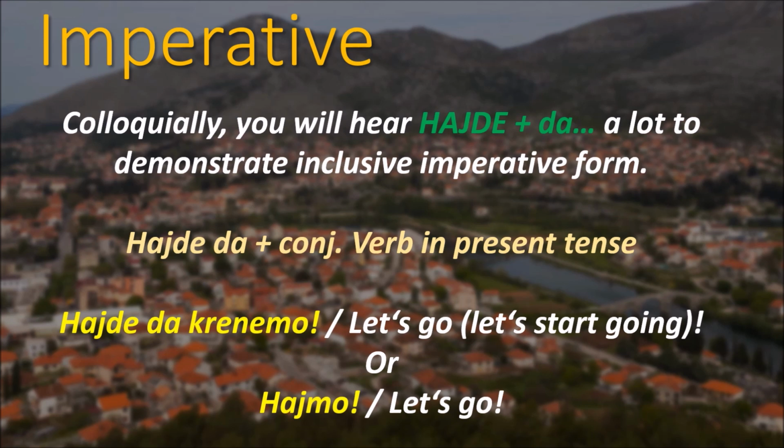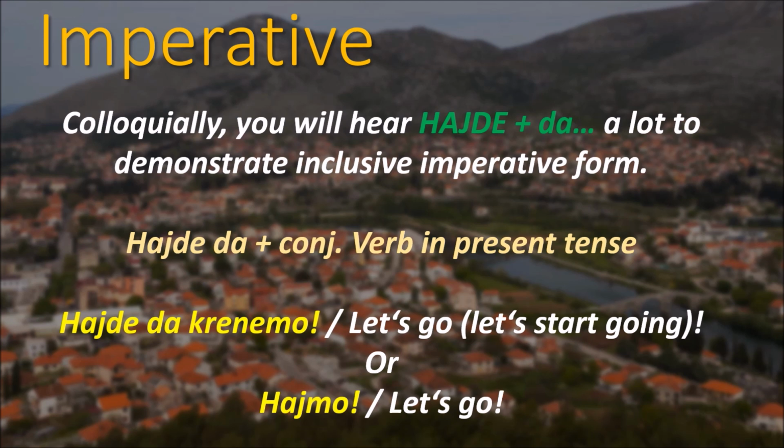So you're kind of proposing something, again, inclusive. You're proposing you want everyone to participate in this something. To use the "hajde da" formation, we would have "hajde da" plus a conjugated verb in present tense. If you take a look down below, we have it highlighted: "hajde da krenemo".